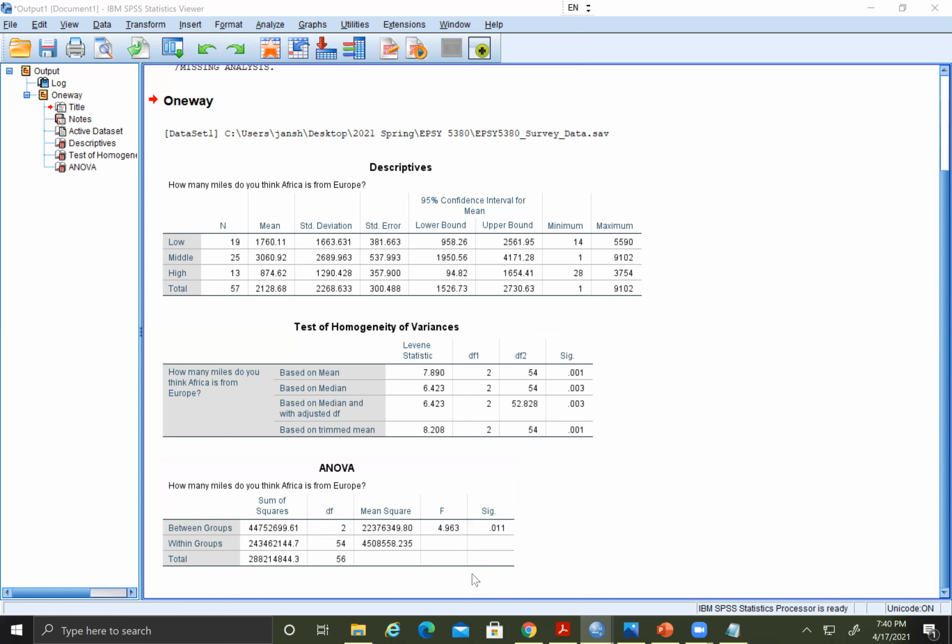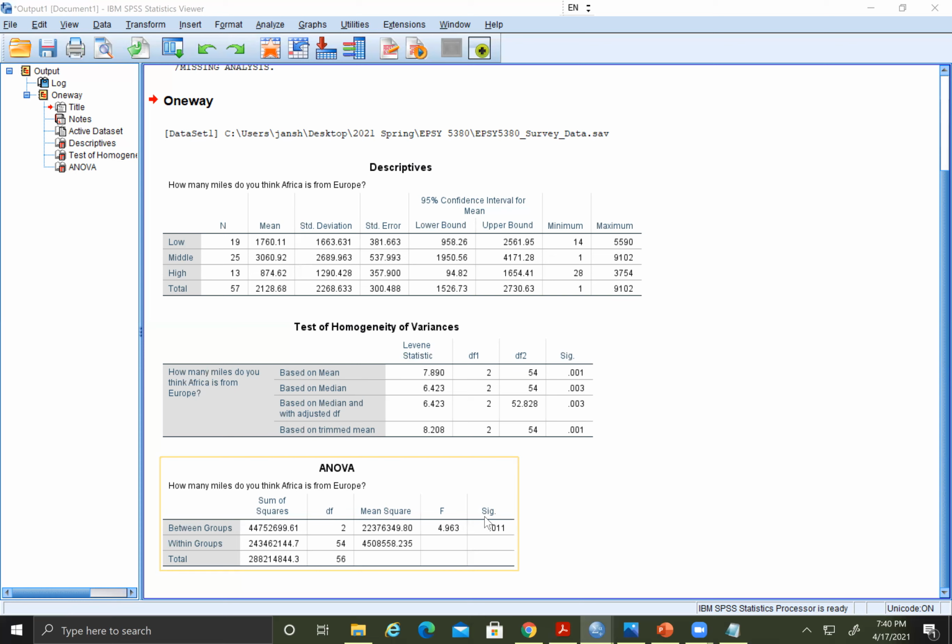This is something that we just talked about. You can check the critical value for the F test in this case, compare our calculated F with this critical F value, see which is greater, and then make a decision from there.